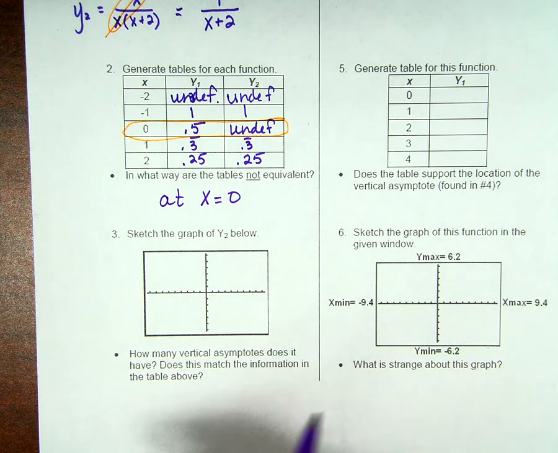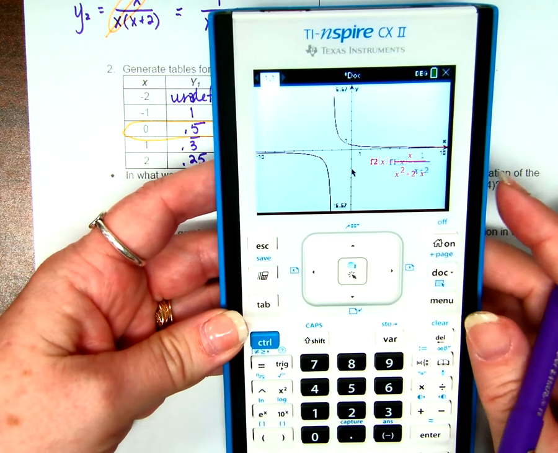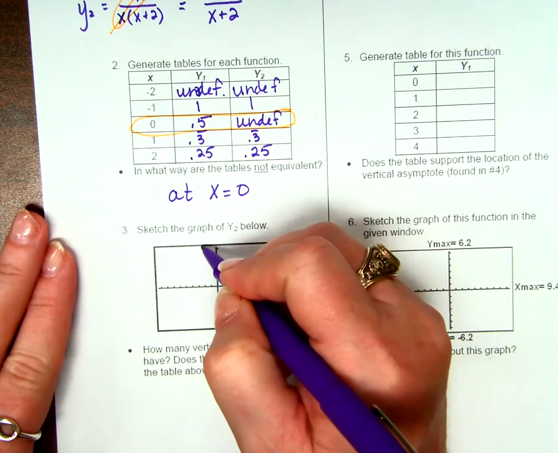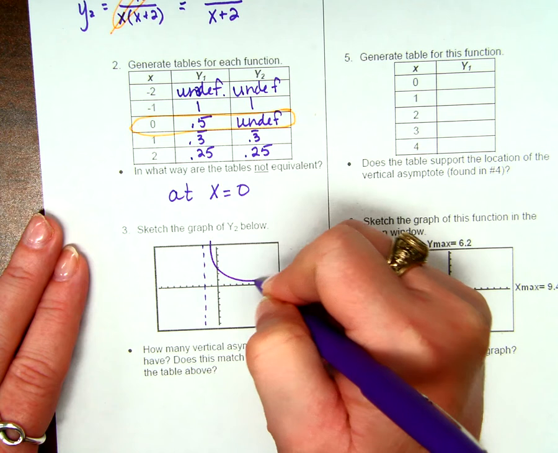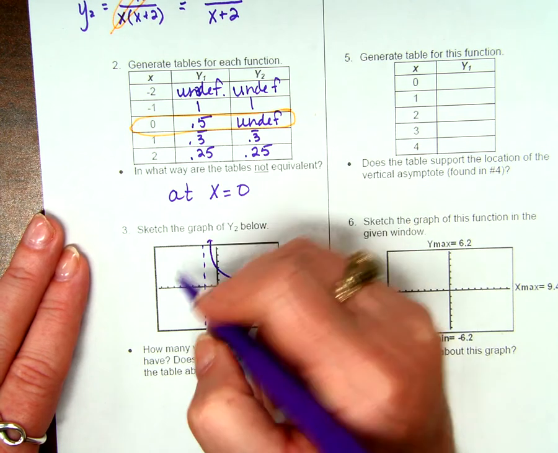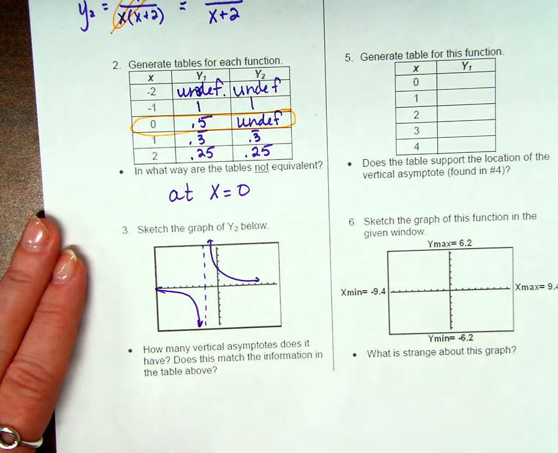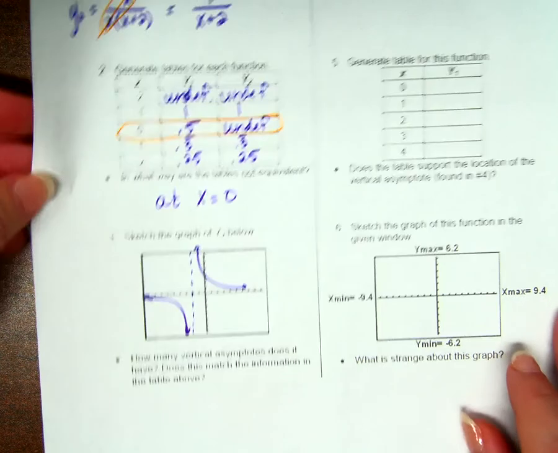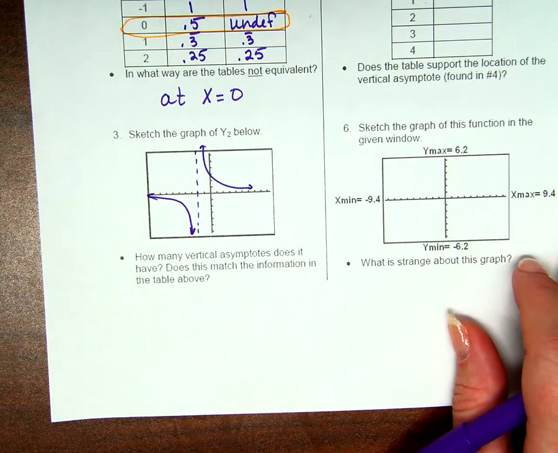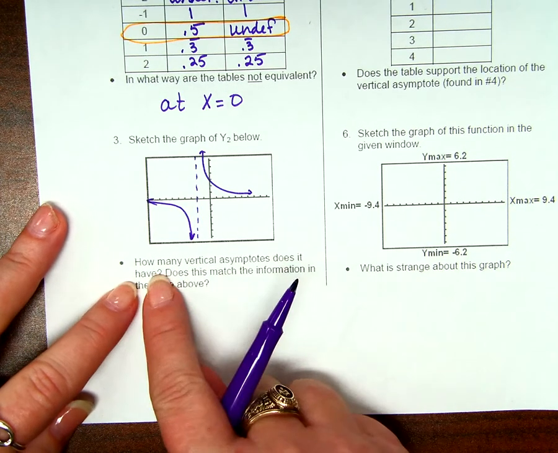Sketch the graph of y sub 2. I'm going to go back and look at my graph. My graph looks like this. Does your y2 graph look like that? How many vertical asymptotes does this graph have?